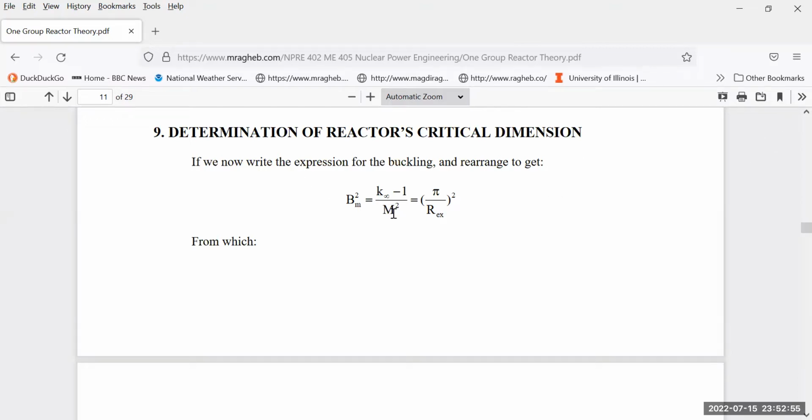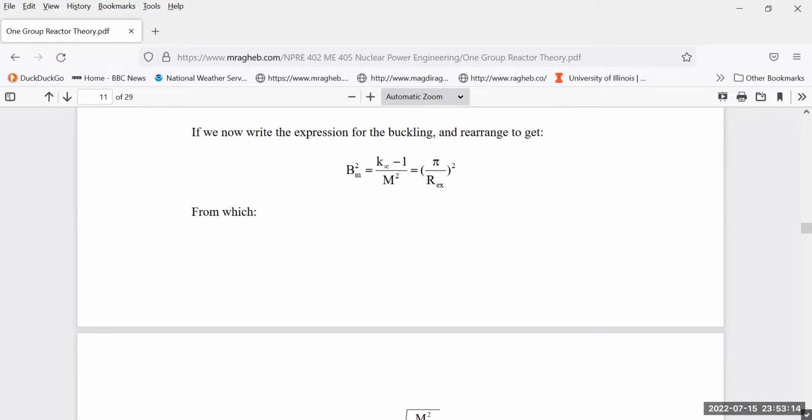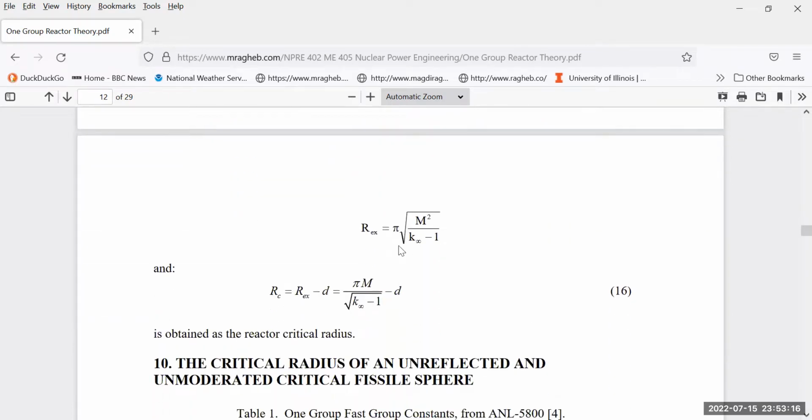So we have here the migration area, and that should be equal to pi divided by r extrapolated. So here we are taking the geometric buckling and equating it to the material buckling. Remember, that was the criticality equation. Let us use the scissors rules. And in that case, you can determine that r squared is pi squared M squared divided by k minus 1.